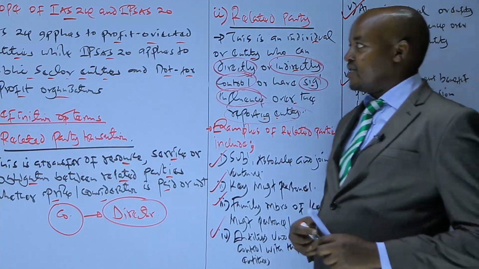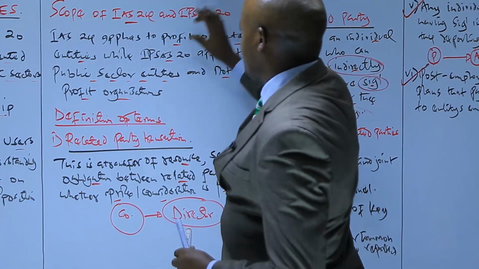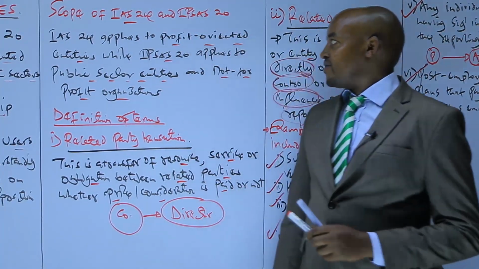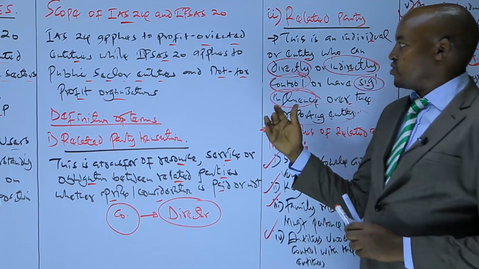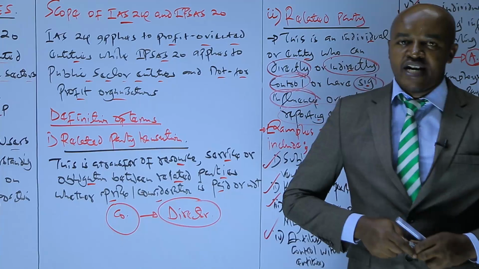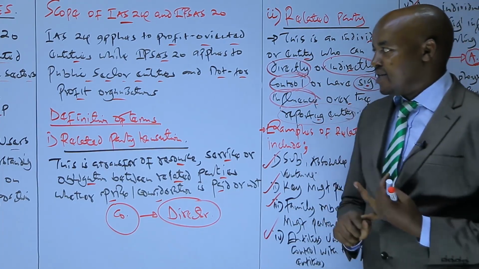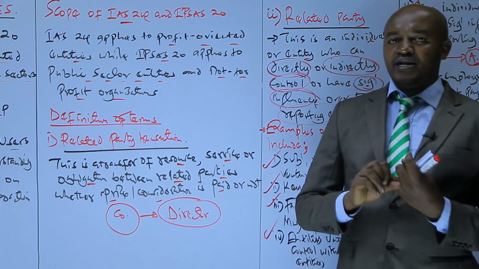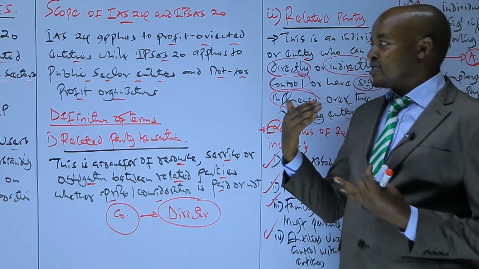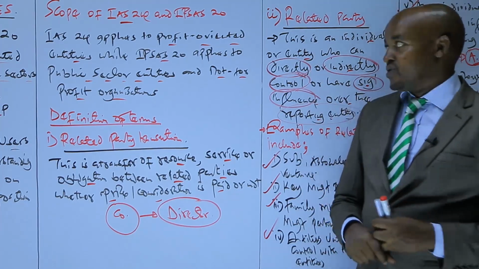According to IAS 24 and IPSAS 20, profit-oriented entities, public sector entities and not-for-profit organizations must disclose any transaction with a related party and the relationship such entities have with the related parties.